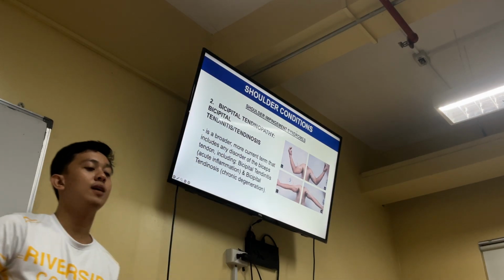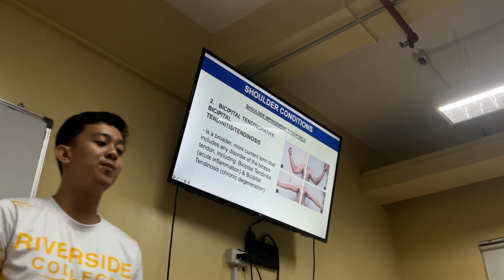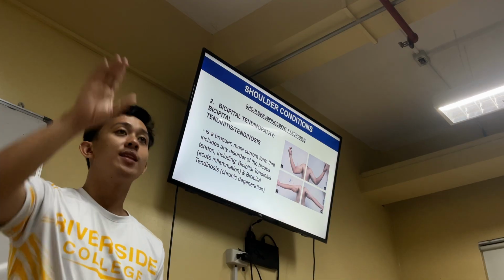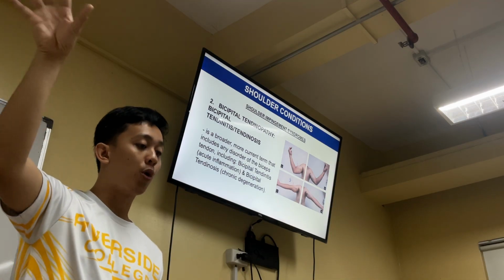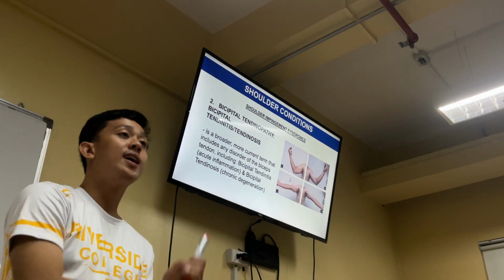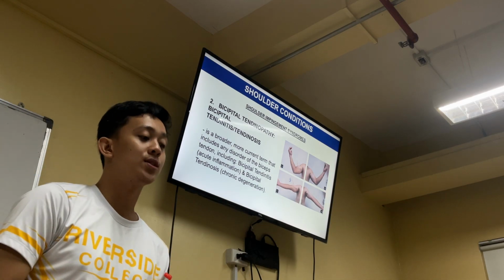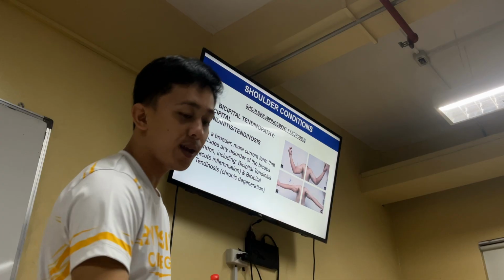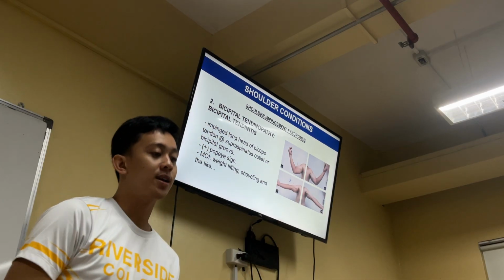Another under your shoulder impingement syndrome is your bicipital tendinopathy. Tendinopathy is a broader, more current term that includes any condition, it could be tendinitis or tendinosis. Let's explain it more specifically.